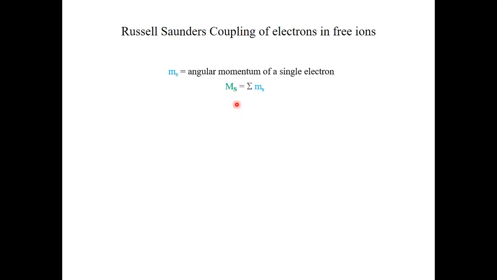Okay, so now when we have multiple electrons, again, the ms values of the individual electrons just add up to give capital MS. And now the maximum MS value is called capital S, and that's the total spin angular quantum number. This total spin quantum number is again important because it defines the number of additional microstates due to the spin.